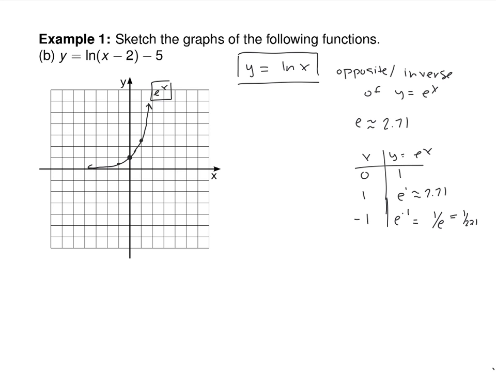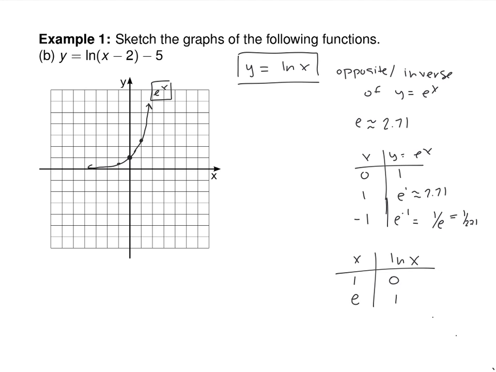And the way you do opposite functions is that the x's and y's flip-flop. So if I asked you to graph the function natural log of x, you take the values in the table and you flip-flop them. When I plug in 1, you get out 0. When I plug in e, you get out 1.